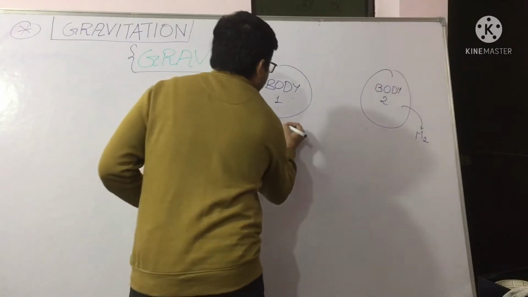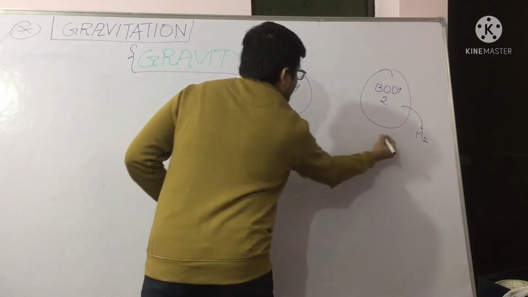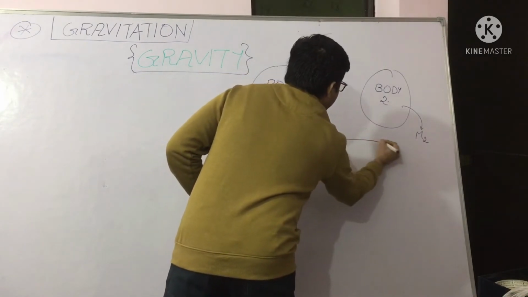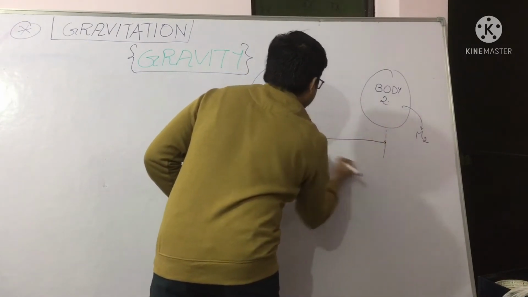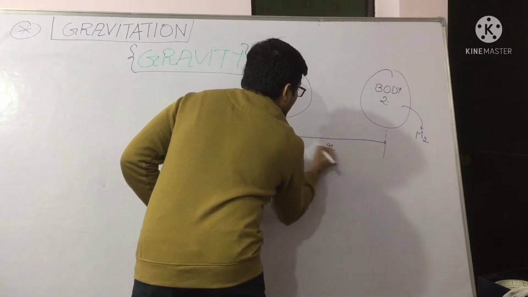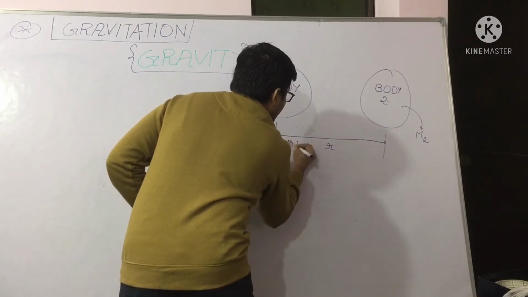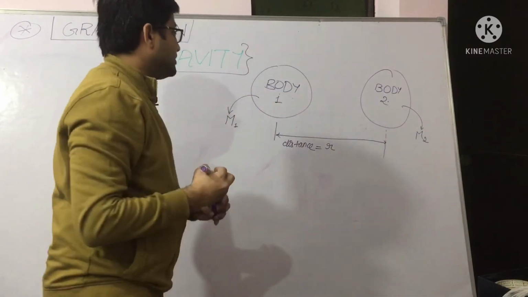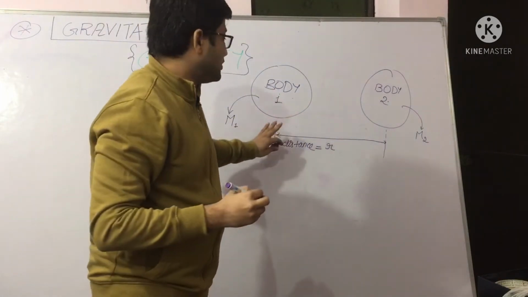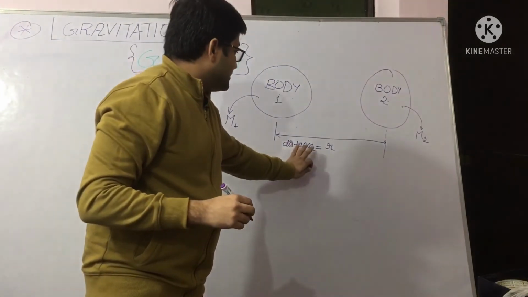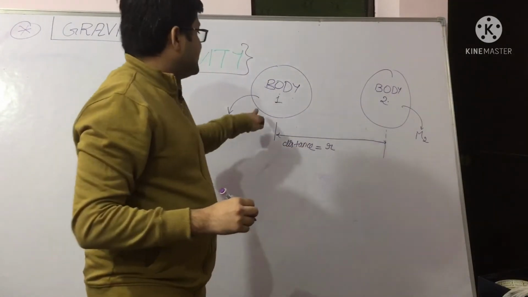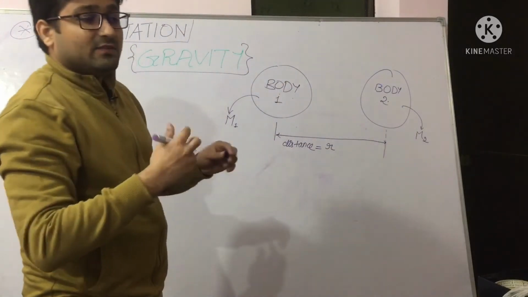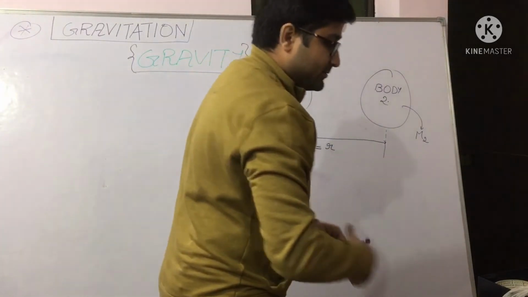And suppose the distance between the two bodies, taking the center, it is smaller. I am pretty sure that you all are able to understand what is written on the board. This is distance r, this is the mass of body 1, this is the mass of body 2, and there is a force of attraction between these two bodies.